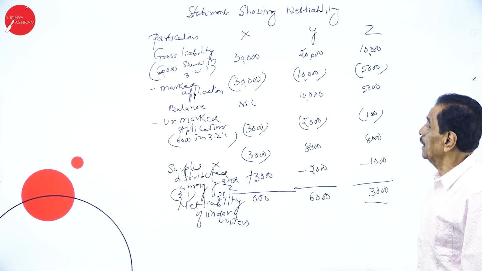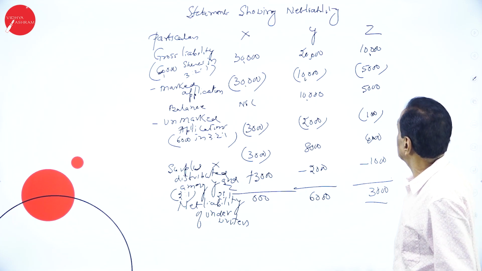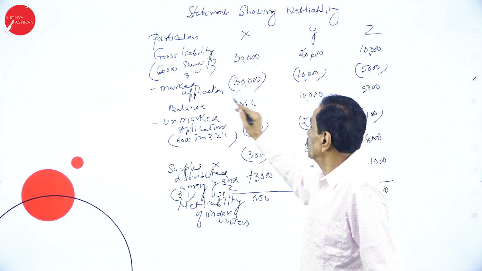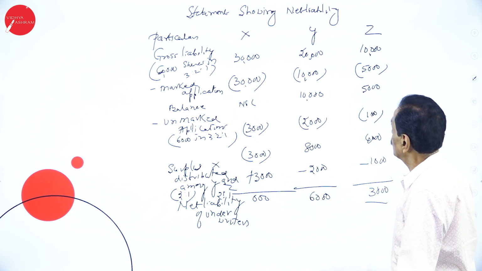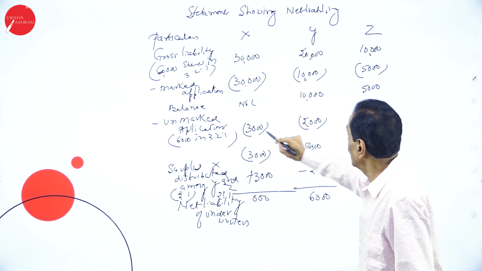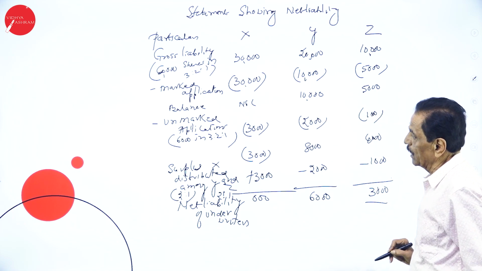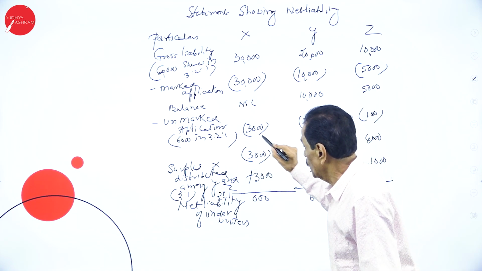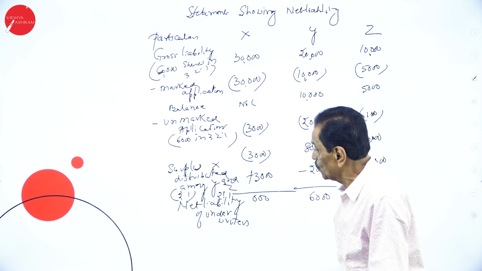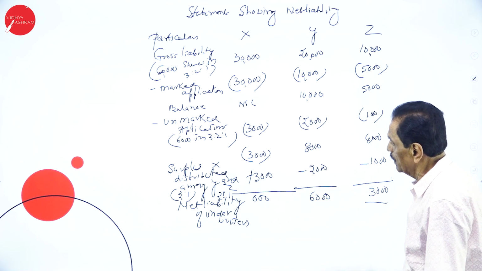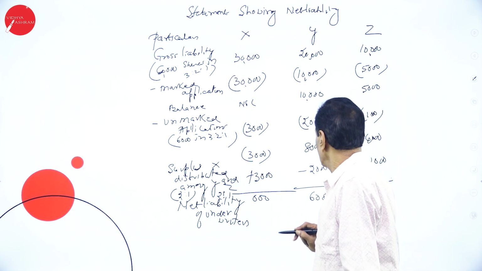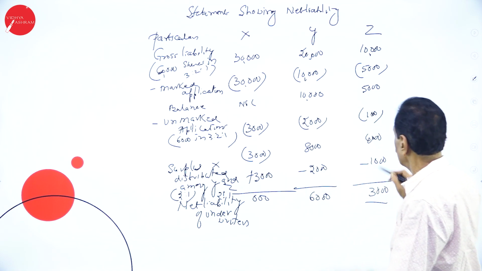X goes to 30,000, Y 20,000, Z 10,000. Minus marked application as per the problem, 30,000, 10,000, 5,000. It becomes nil, 10,000, 5,000. Then unmarked application 6,000 in the ratio of 3 is to 2 is to 1. X gets 3,000, 2,000, 1,000. So negative is 3,000. This is 8,000, 4,000.